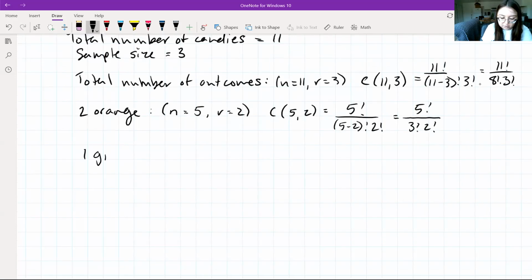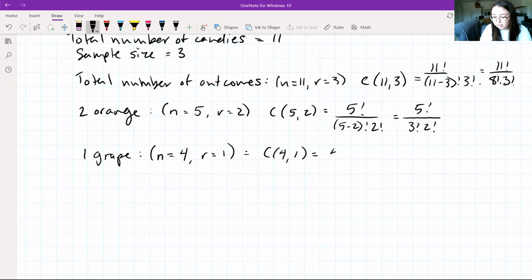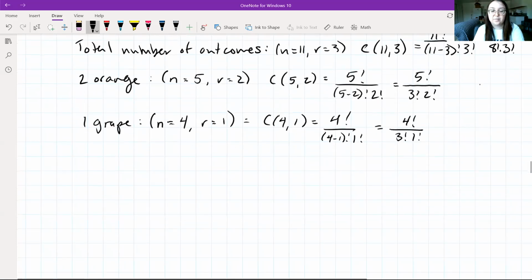Then we want 1 grape candy, and there are 4 grape candies in total, but we only want 1. So we're going to have a combination of 4 comma 1. It's going to give us 4 factorial divided by 4 minus 1 factorial times 1 factorial. So this is going to give us 4 factorial divided by 3 factorial times 1 factorial.